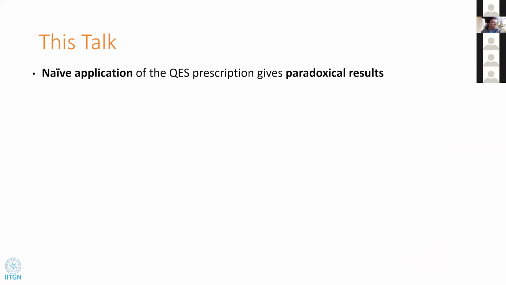Basically, I'm going to be arguing that even though this rule for computing entropies has led to all these huge successes, if you just apply it completely naively without thinking about the state that you're applying it to, then you actually get paradoxical results. You get contradictions between the results you find in different states.